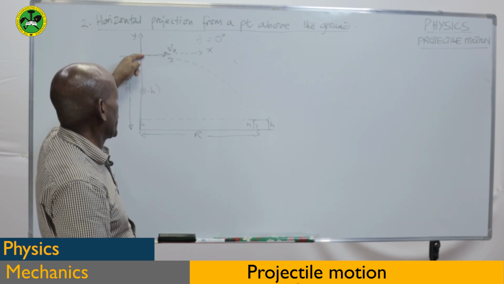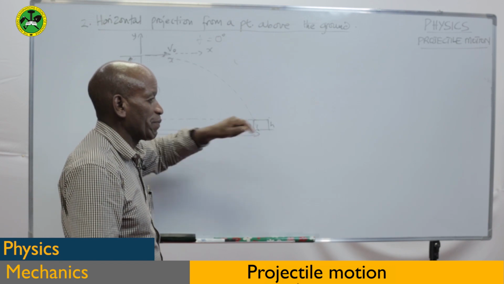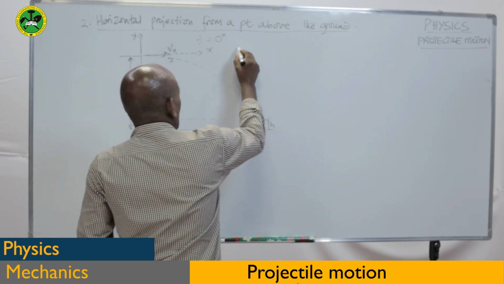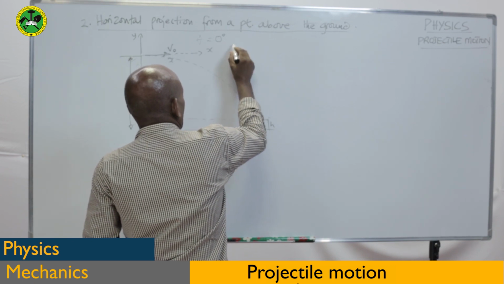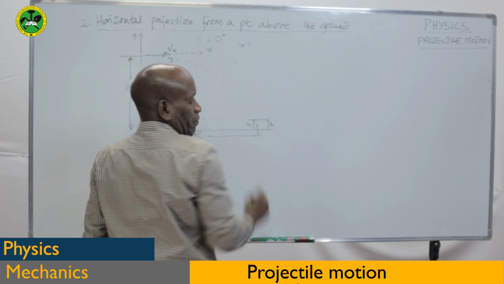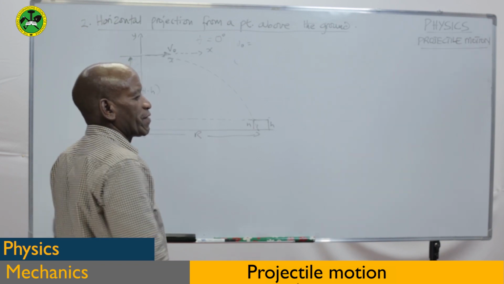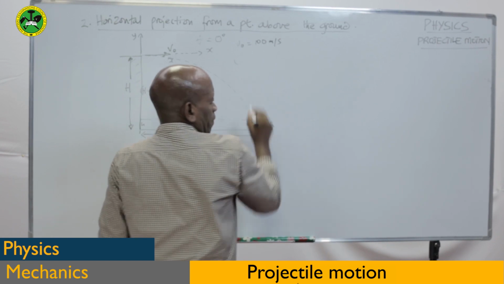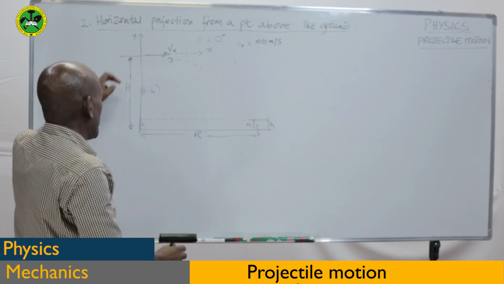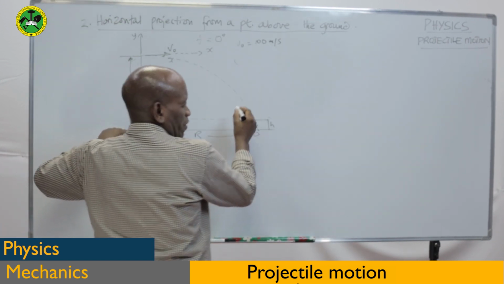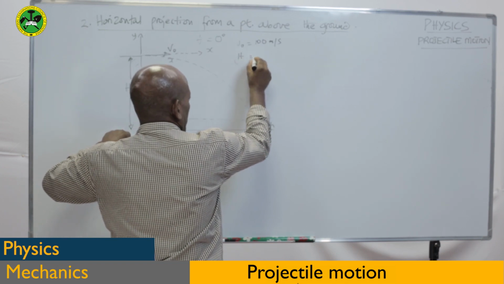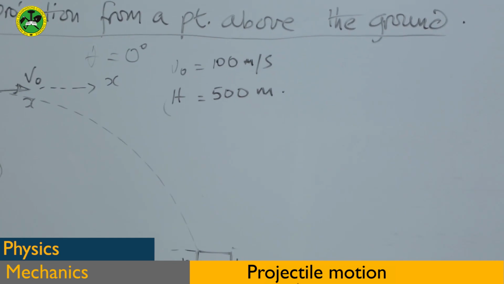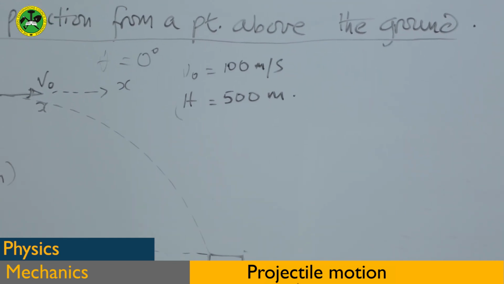Now the luggage had been released and it lands on the ground. The values which are given: v naught, the velocity of the plane, is 100 meters per second, and it is traveling at a height of 500 meters, the altitude.